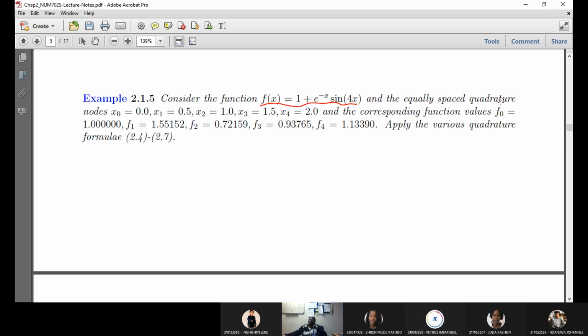denoted by f sub 0. So f sub 0 is f at x0. So in general, in this class, if we say f sub i, this represents the value of the function at x sub i. So always bear this in mind. F sub an index is the value of the function at x sub that index.